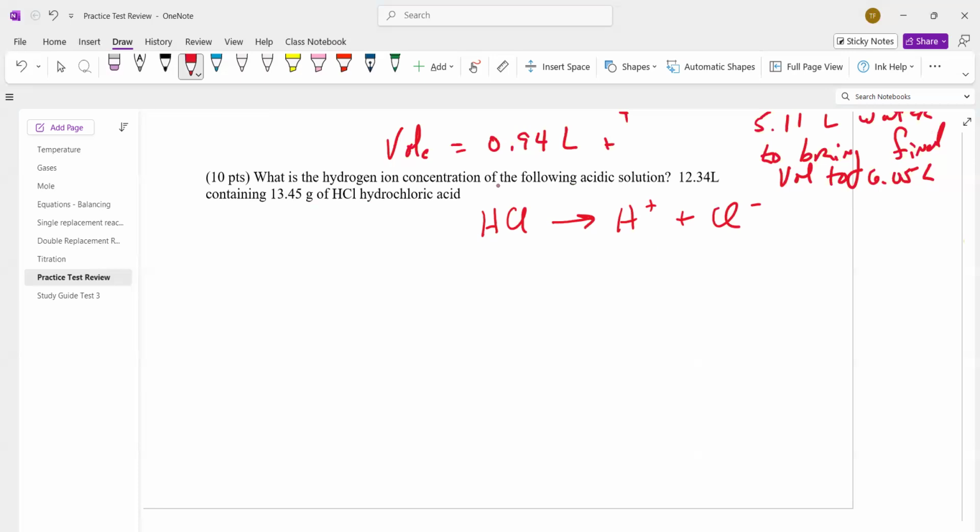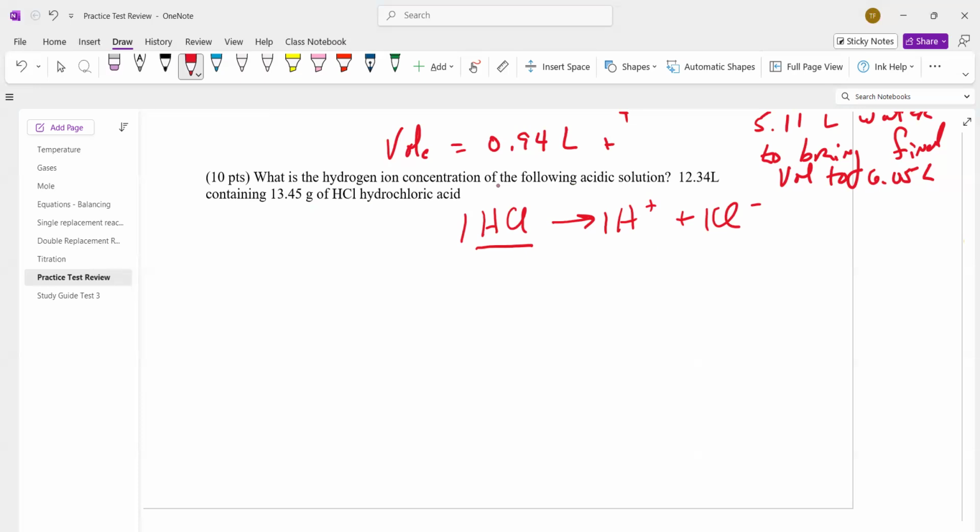So what we're going to do, we're going to get the concentration of this. And because that's a balanced equation, it's a 1 to 1 to 1. So once we know the concentration of HCl, we also know the concentration of the H plus and the Cl minus as well.